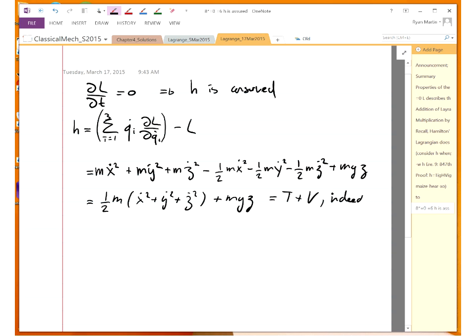So it's indeed equal to T plus V. So H equals T plus V is conserved. So conserved and constant are pretty much synonyms.